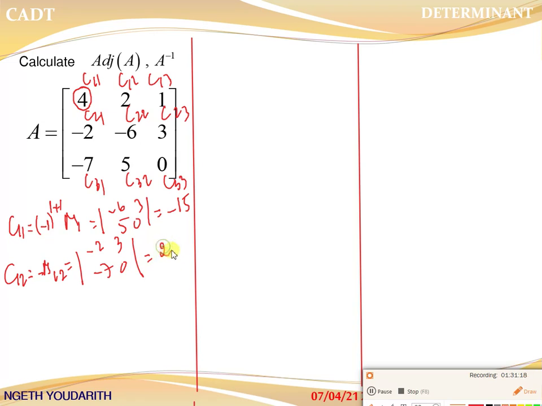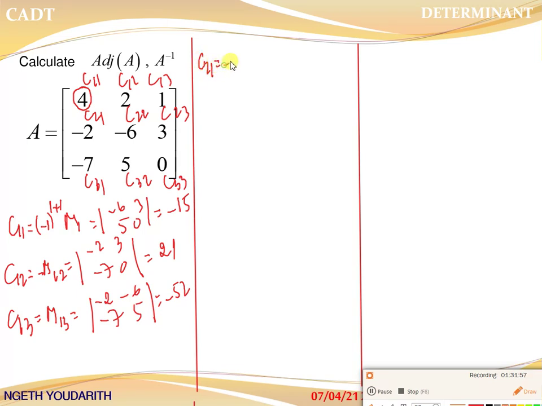So we get 20, 21. And C13, C13 is M13, this one and this one, minus 2, minus 6, minus 1, and 5. So we get about this point is minus 10, minus 50, 52.